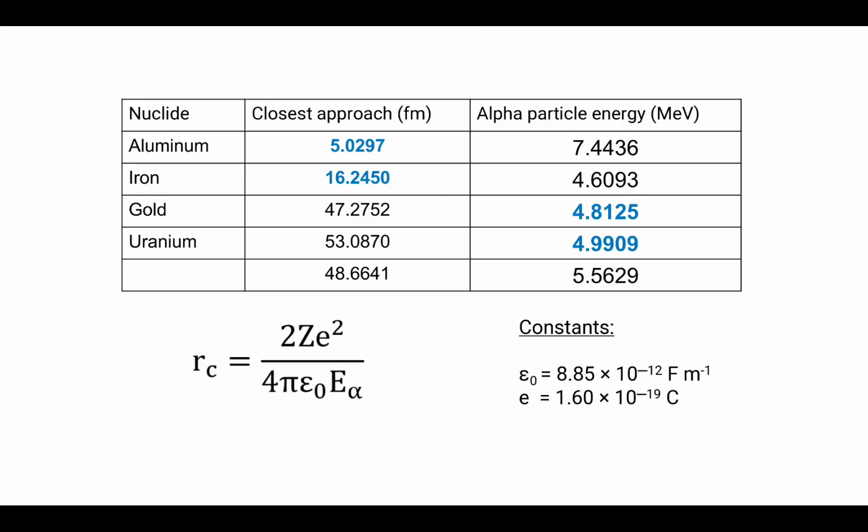Uranium, nearly 5 MeV. And this one, to calculate what nuclide it is, you would need to figure out the number of protons. And then once you've got the number of protons, you can look at the periodic table and then deduce the nuclide that's responsible. So if you did that correct, you would have got plutonium. All right, well done.